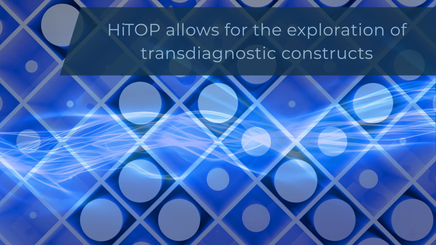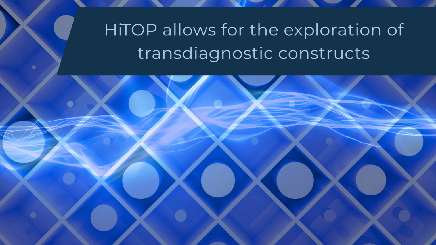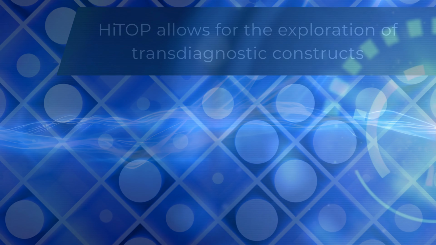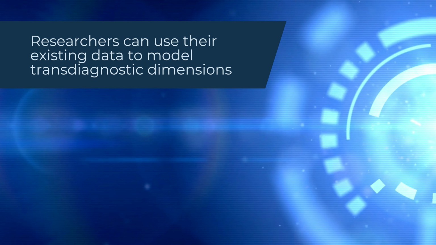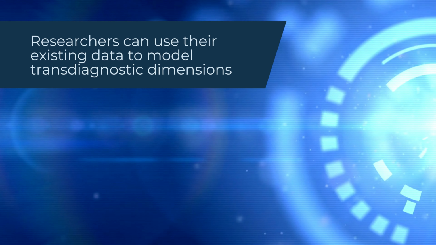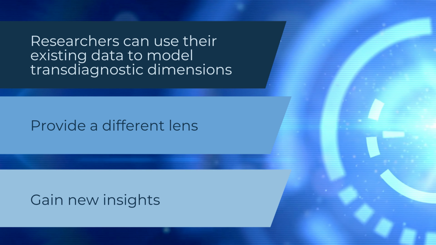However, HiTOP's hierarchical structure allows for the exploration of transdiagnostic constructs that cut across the boundaries of traditional disorders. Researchers can use their existing disorder-focused data to model these transdiagnostic dimensions to provide a different lens on the patterns in the data and gain new insights.